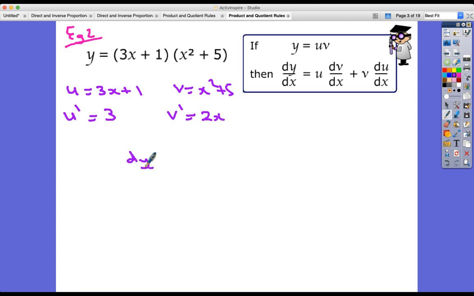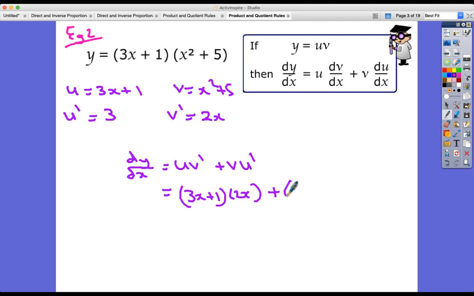Actually, I don't know why I'm writing it down again. This is quite longhand, isn't it? I'm going to do it shorthand again. So uv dash plus vu dash is equal to 3x plus 1 multiplied by 2x, plus vu dash, which is x squared plus 5 times by 3.